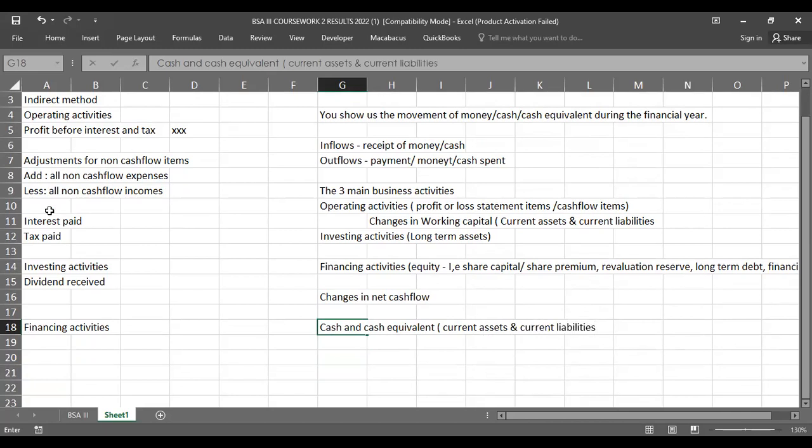When you go under these items, you always find things like cash at hand, cash at bank. You find short-term investments, which are still under current assets. You find maybe bank overdraft, which is under current liabilities. So these are usually the main ones.